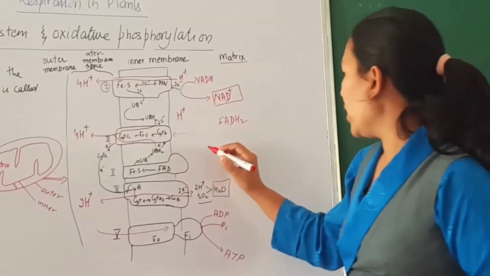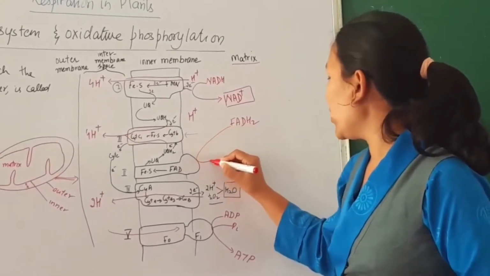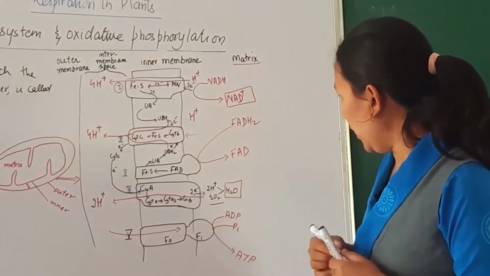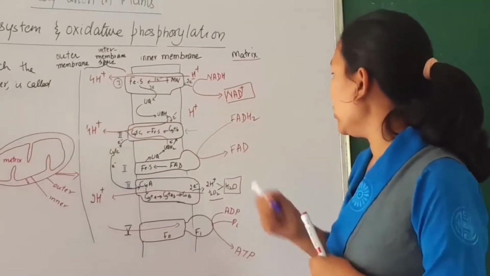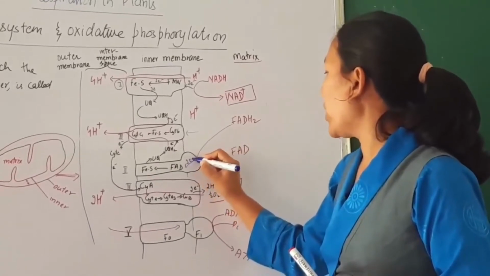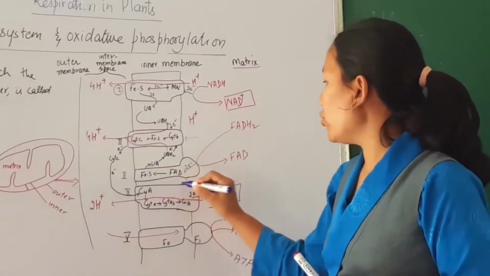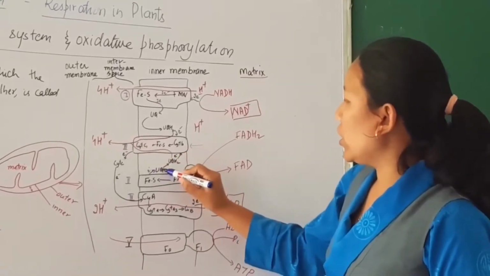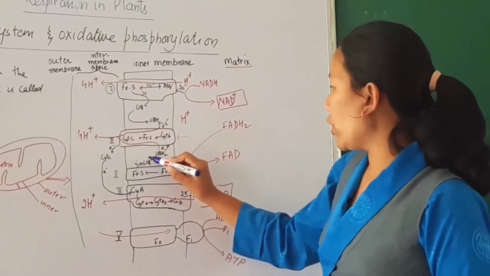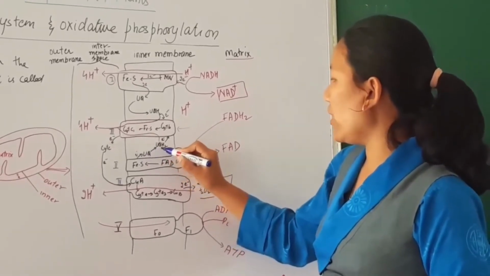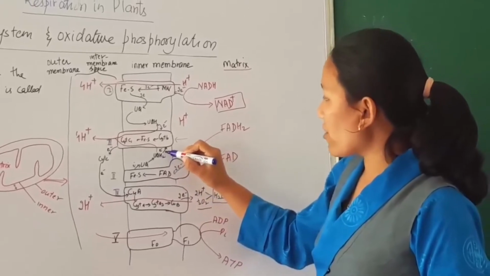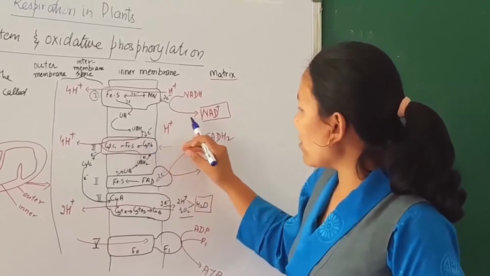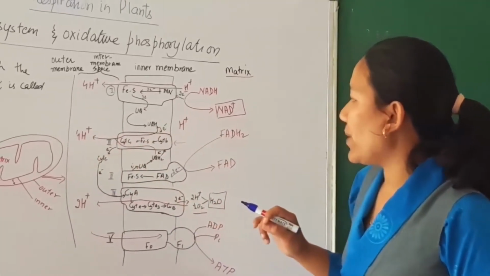complex number 2. So here let me just show FADH2 becomes FAD and it passes the electron in this way. Okay, so in complex number 2, from this complex the electrons are transferred to ubiquinone, which accepts a pair of electrons, gets reduced and transfers that electron to complex number 3, and at complex number 3 again there is pumping of proton into the intermembrane space.